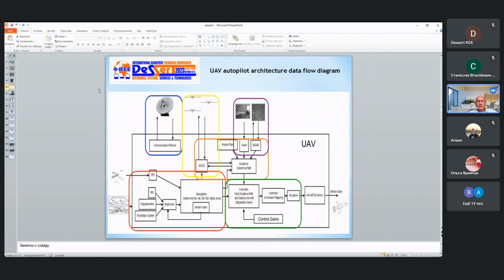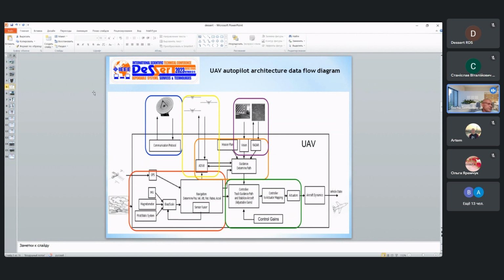Next slide. Can you see? And the next slide shows the UAV autopilot components in a data flow diagram. In this diagram, the components of the autopilot can be divided into three major parts which make up the GNC, guidance, navigation and control.